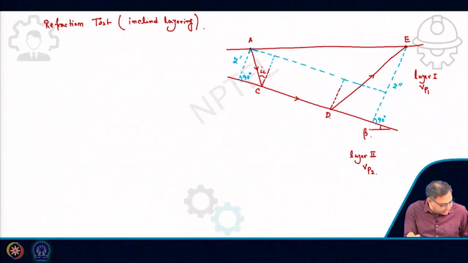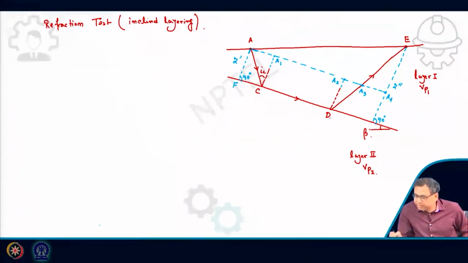Suppose this is A, this is F, this is A1, this is A2, this is A3, and this is A4, fine.